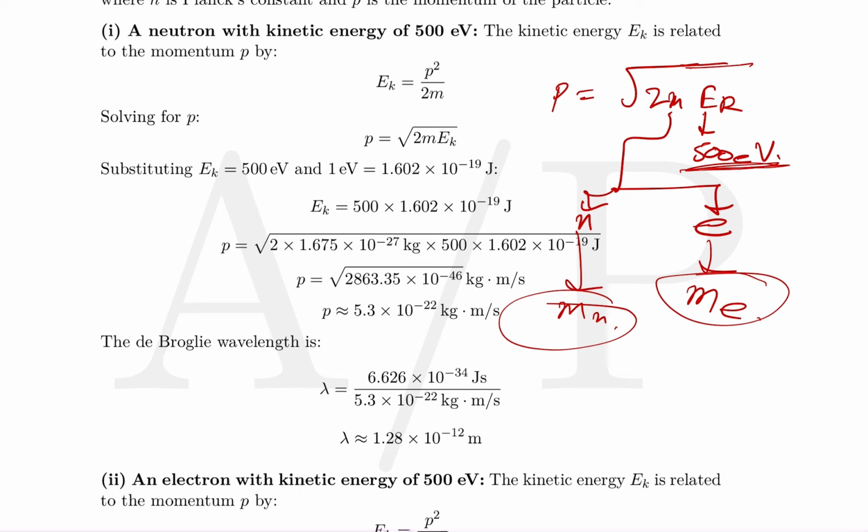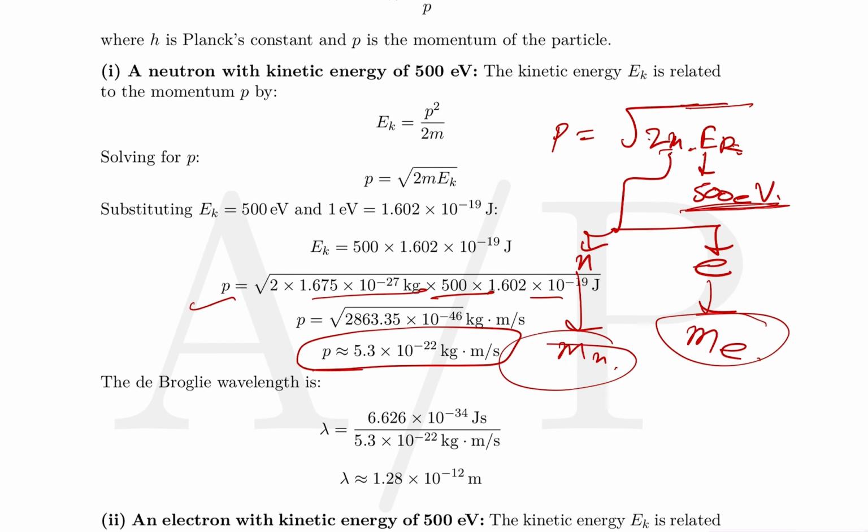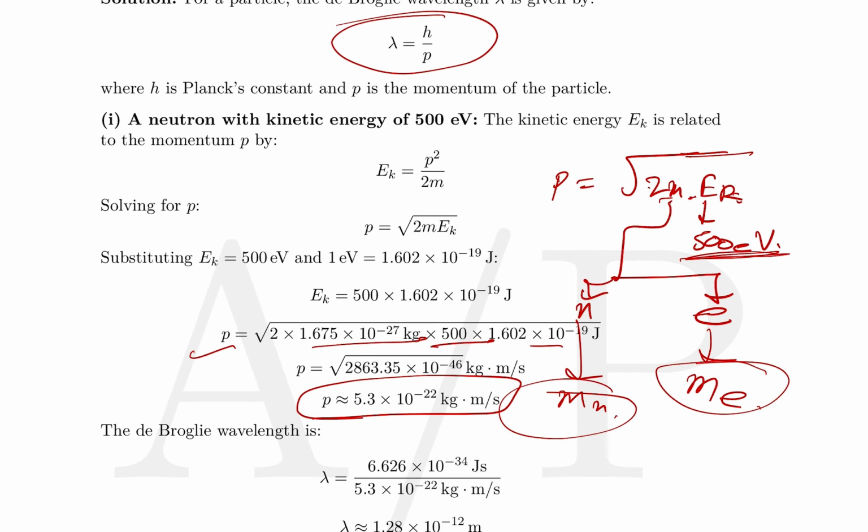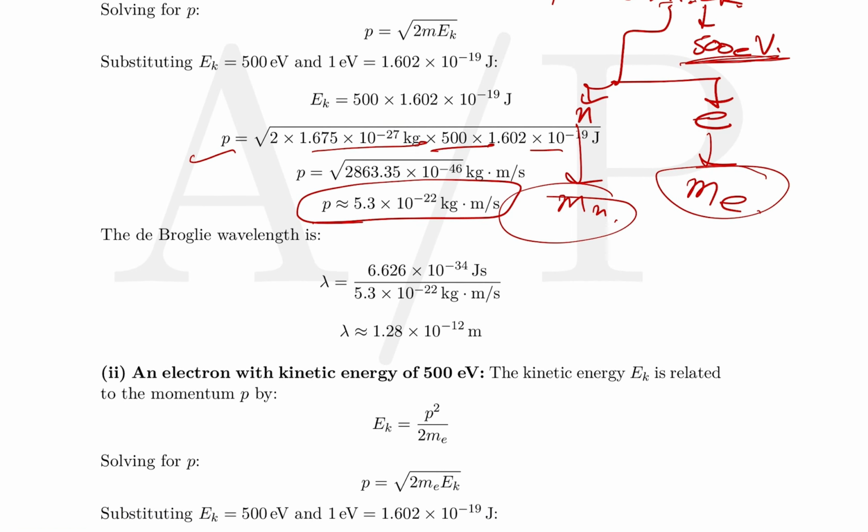Okay, so just calculate the momentum. For neutron, it would be 2 mn Ek. So mass of neutron you would put here and then Ek. Okay, so momentum comes out to be this much, and put the value of momentum in the de Broglie wave formula, lambda is equal to h upon p. So you get lambda is equal to this much for a neutron.